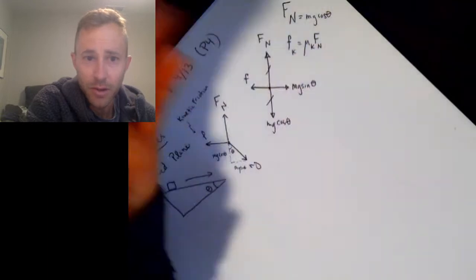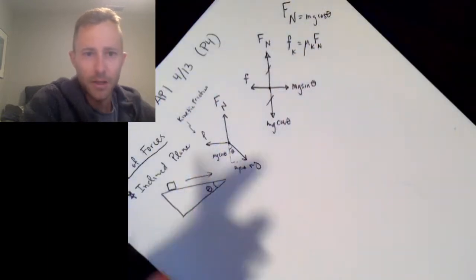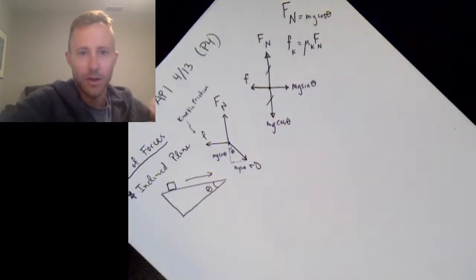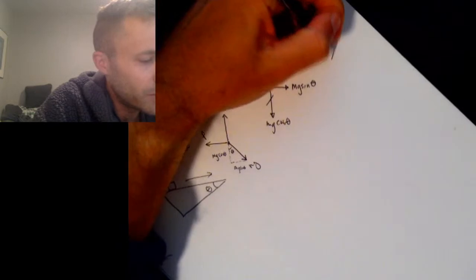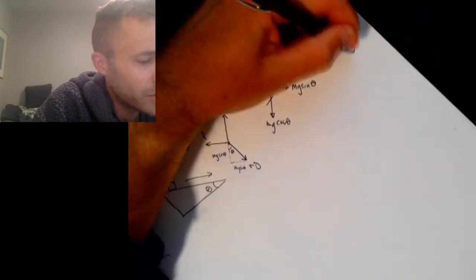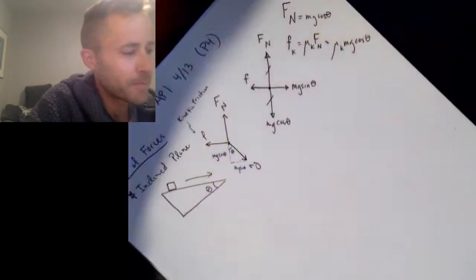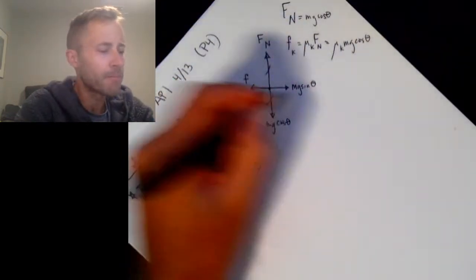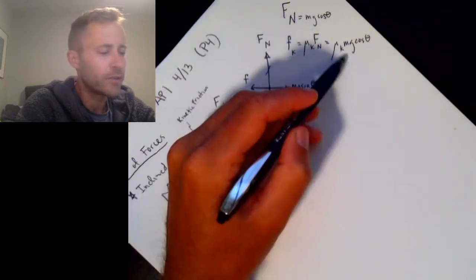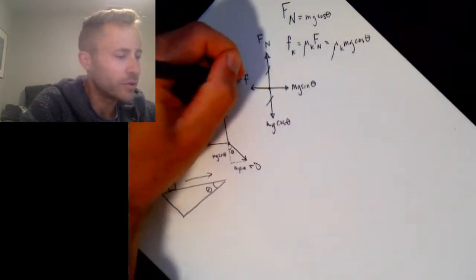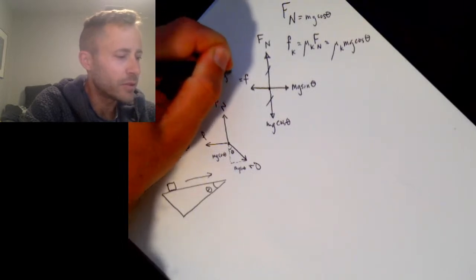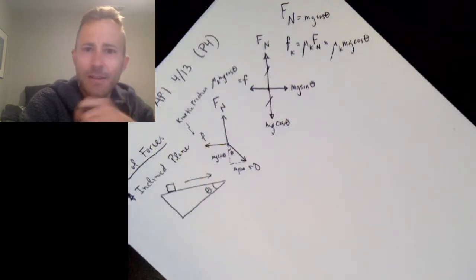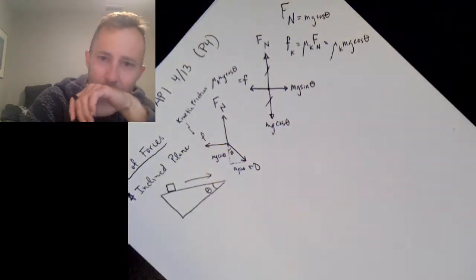It's a property of the interface between the block and the incline. And so mu sub k times mg cosine of theta is the friction force. So this is mu sub k mg cosine of theta. All right.